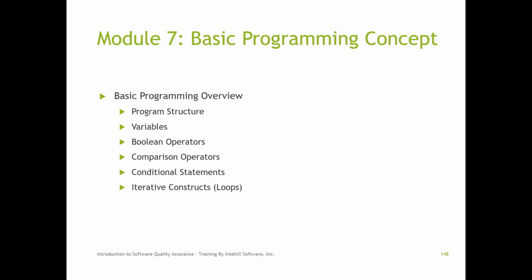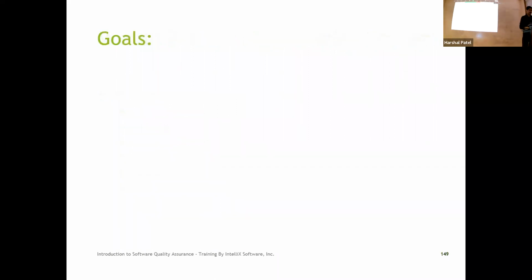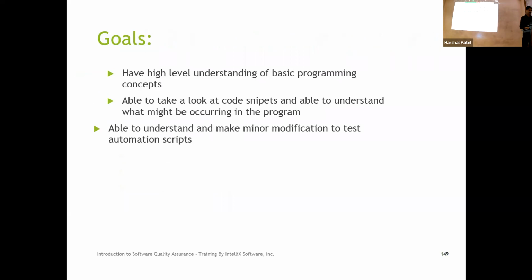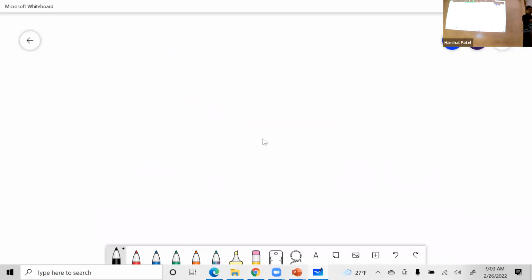So let's talk about the basic programming concept. Essentially, if somebody gives you a piece of code, what are you going to think about it? When you think about any program, it's going to have three basic components.